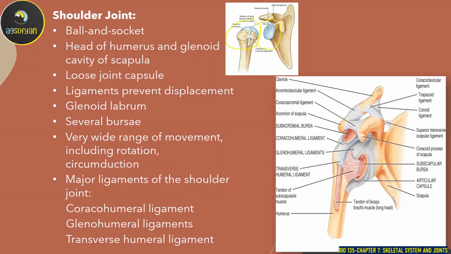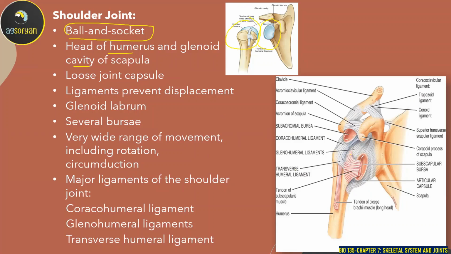So the ball is actually the head of the humerus, and the socket structure is actually the cavity of our shoulder blade. So this is the glenoid cavity. So it's making the ball and socket type of joint. The head of the humerus and the glenoid cavity make that type of ball and socket joint.